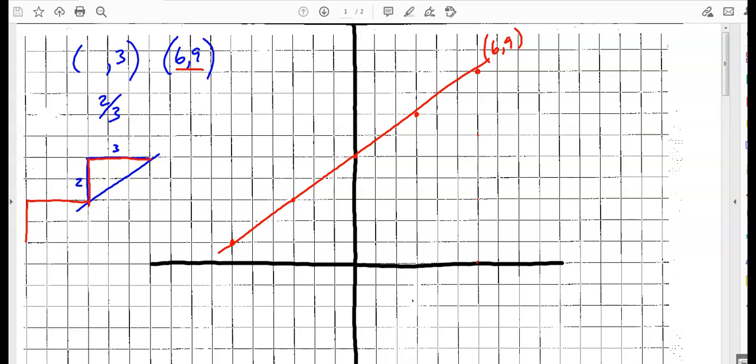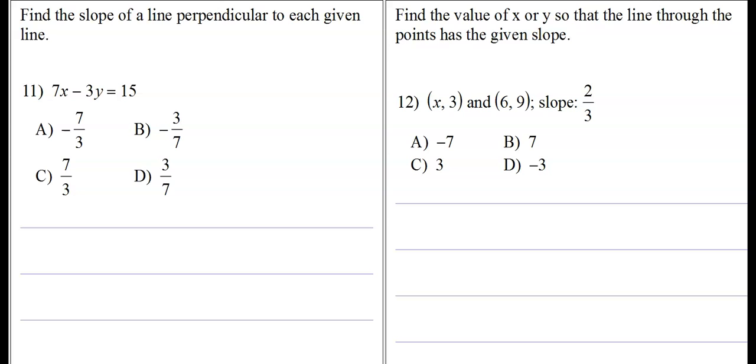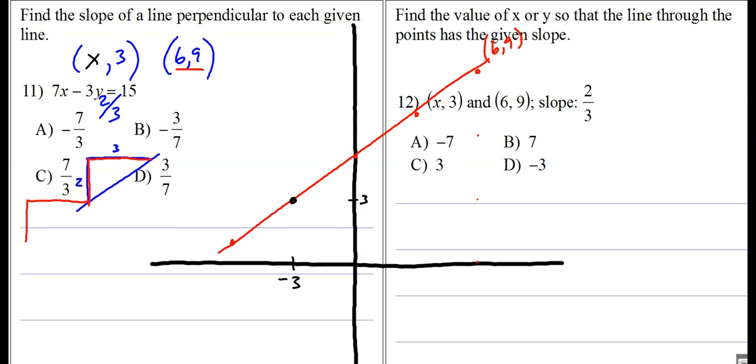And what were we trying to find? We were trying to find something comma 3. Well, a y value of 3 is right here. So right there's the point we were trying to find. And the x value there is negative 3. So the correct answer for this one is negative 3, which is D. There is a way you could do it with algebra, but I think it might be easier to graph it if you have the time.